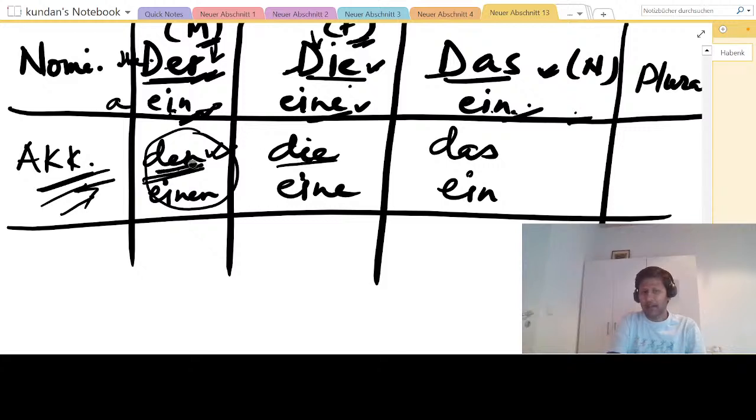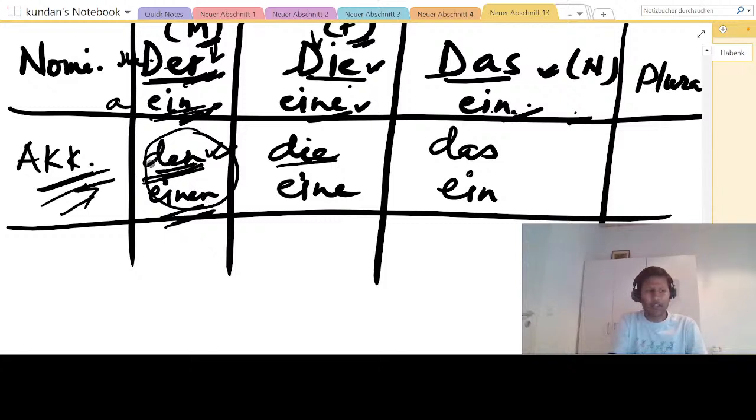This is an article, right? Der is the, die is also the, das is also the, and einen is another article, but this changes. The meaning of einen is again a. Like this ein is a, this einen is also a, but it changes a little bit. This becomes einen.